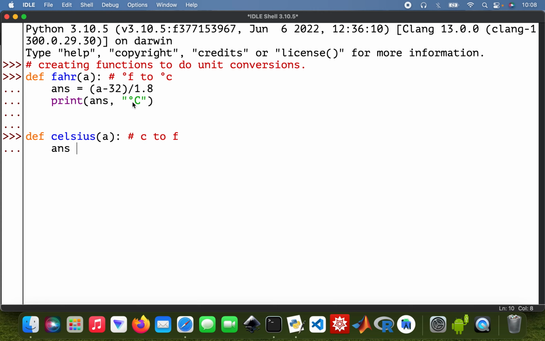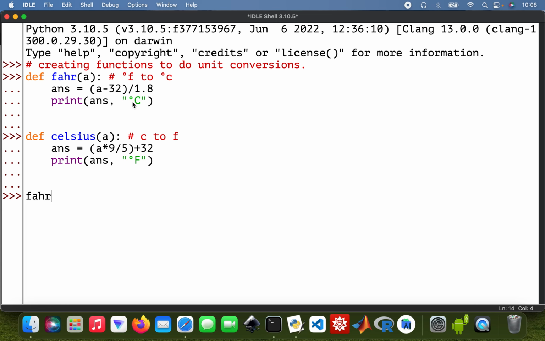And then the answer will be A times 9 over 5 plus 32. So then print the answer. Fahrenheit. Cool. Right. So just do a quick check.